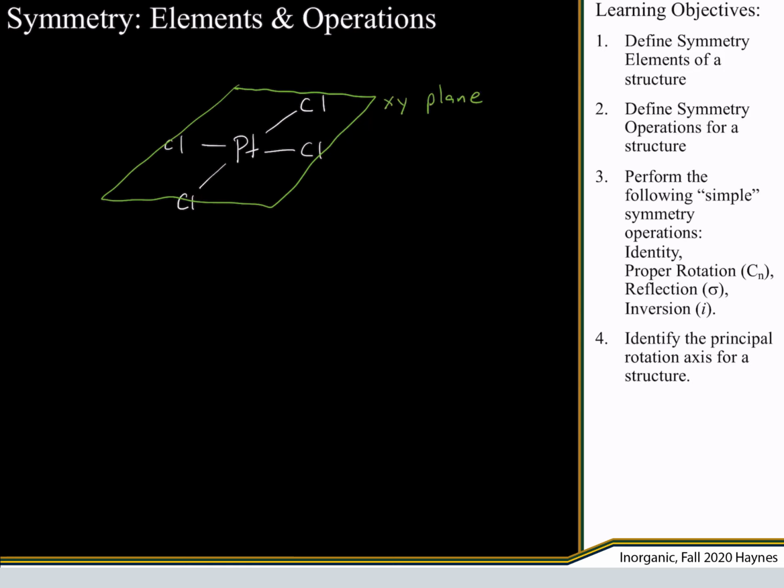If we did a mirror image, slicing this molecule along our XY plane, we would see that none of our atoms move, but they all can be reflected across this plane. And we know that our z-axis is our principal rotation here. So this plane, this sigma xy, does not contain our principal rotation axis.